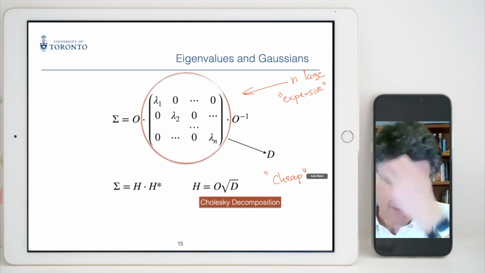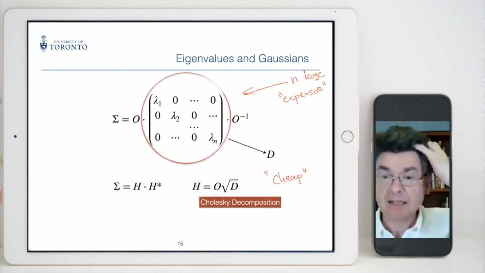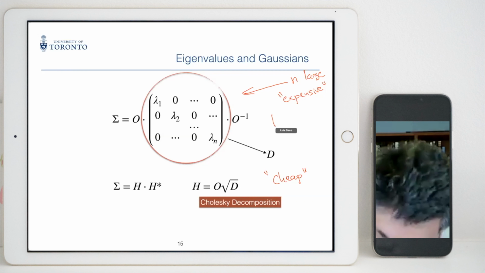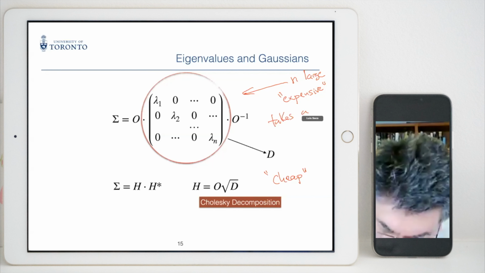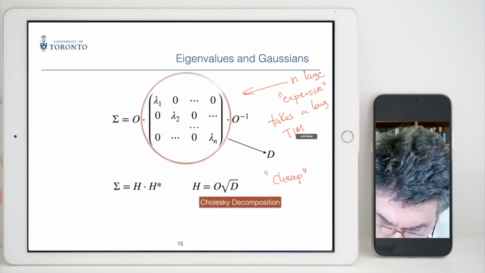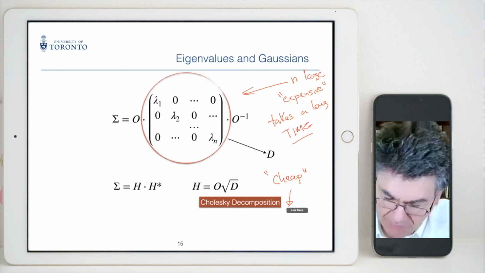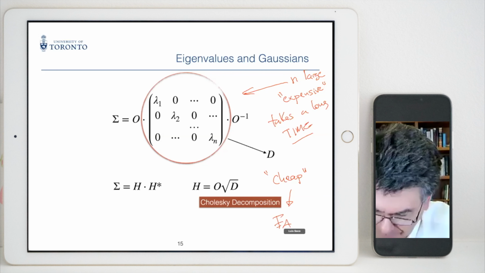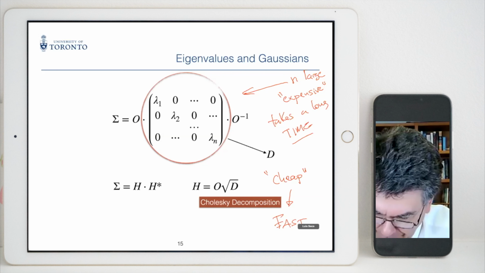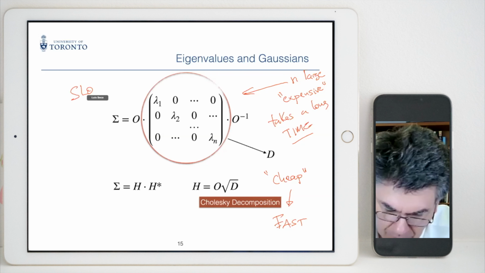This is hard to calculate. Expensive means that it takes a long time, and cheap means that it's fast. Okay, so this is slow. This is fast.